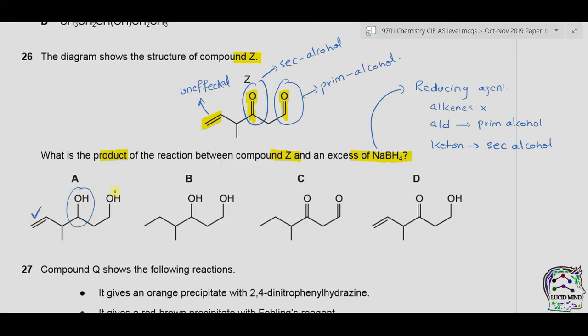This one is secondary alcohol and this is primary alcohol. So A is correct. In B, the alkene has changed, so B is incorrect. Again in C, the alkene has been converted to alkane, which is not possible. In D, the alkene is intact while the ketone has not changed. So therefore D is incorrect. The correct answer is therefore A.